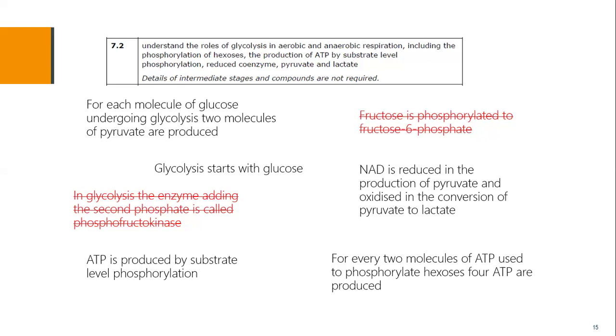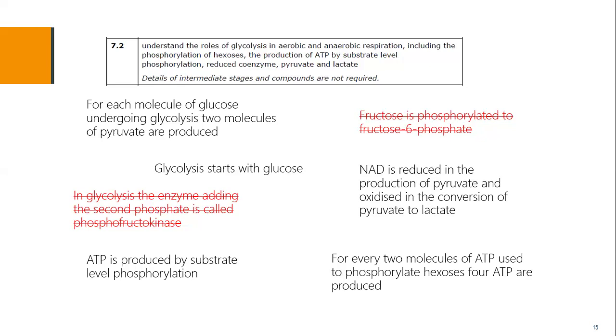You don't need them to know that fructose is phosphorylated to fructose 6-phosphate, nor do they need to know that in glycolysis, the enzyme adding the second phosphate is called phosphofructokinase.